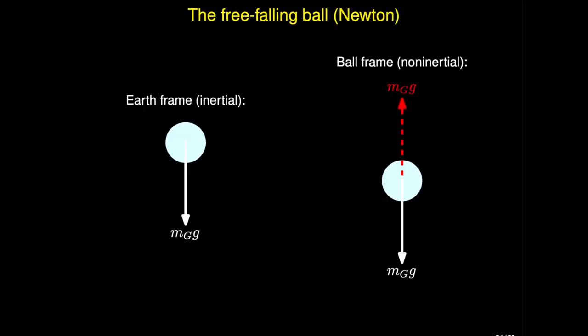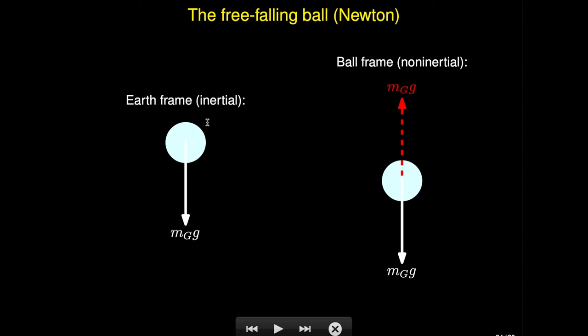Now, let's think about a different example and see where this becomes useful in getting into gravity. Think about a ball that's just falling. Just imagine a free-falling ball or a free-falling object, and imagine it in two different frames of reference. On the one hand, imagine it in a frame of reference where I am just standing on the surface of the Earth and I just watch the ball fall.